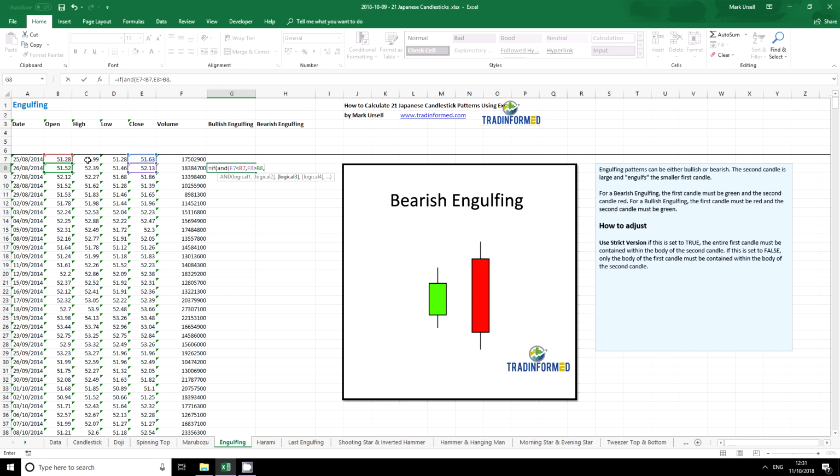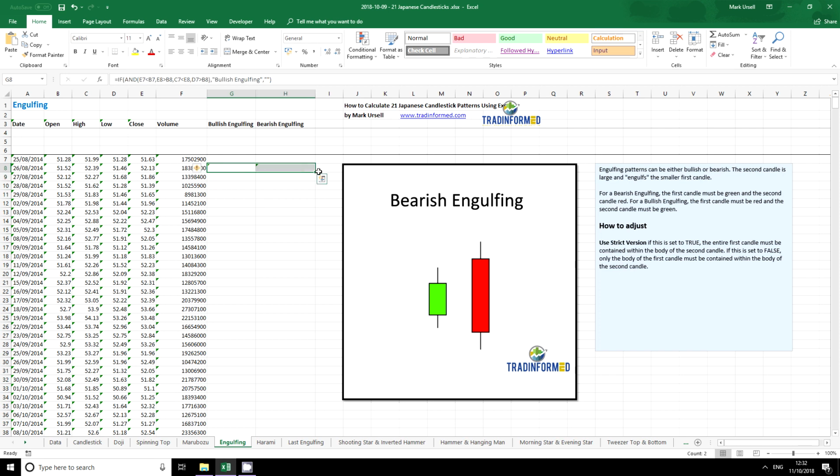Now we want our high point here to be lower than the close of the second candle, and here we want our low point to be greater than the open of the second candle. If all these conditions are met, we put bullish engulfing, and otherwise we do nothing.